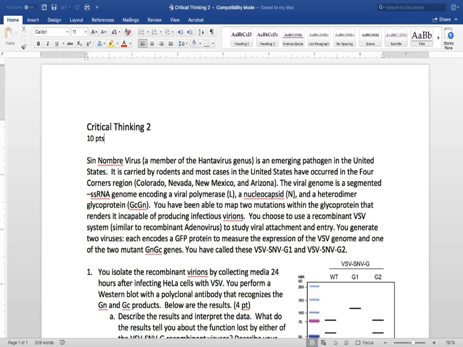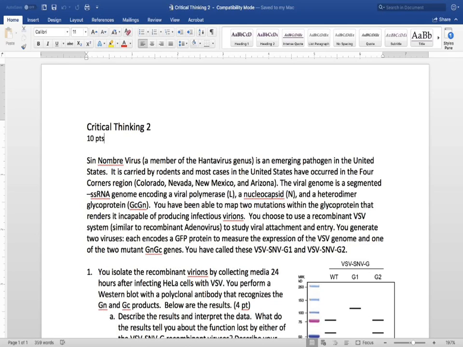So let's just walk through the prompt on this problem, and let's start by listing what we know about this virus. It may not be related to the problem, but let's walk through it and pick out some key terms. So, sin nombre virus. Who takes Spanish? Grace, what does sin nombre mean? Nombre is name. What does sin mean?